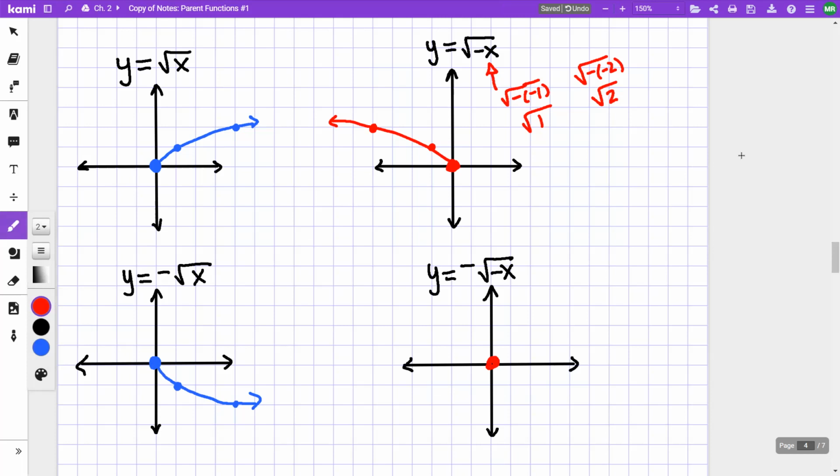And again, it would have gone to the left, but now it's going to go to the left and down. And that's my graph.